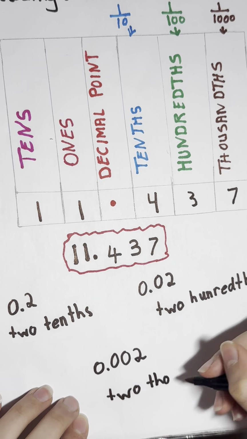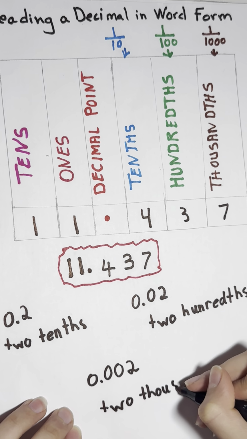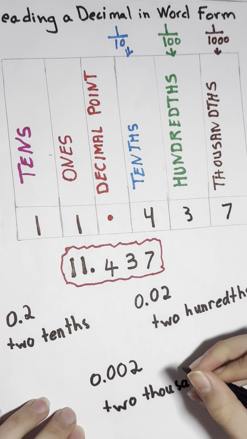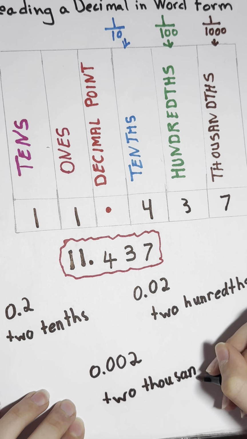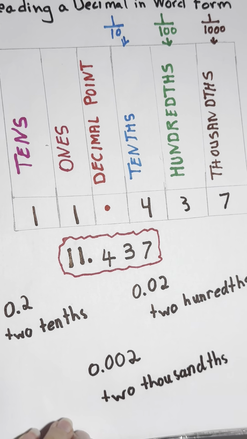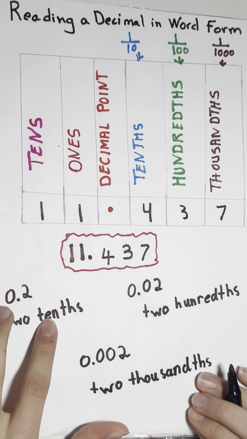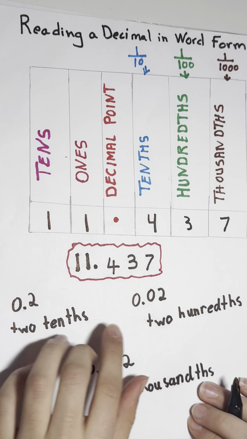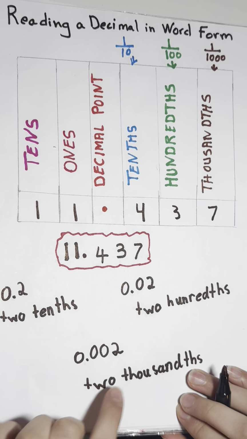So write down thousandths. And now we got 2/10, because that has a 2 there. Then 2/100, and then 2/1000.